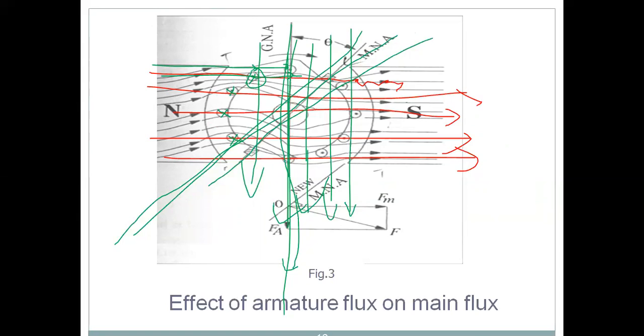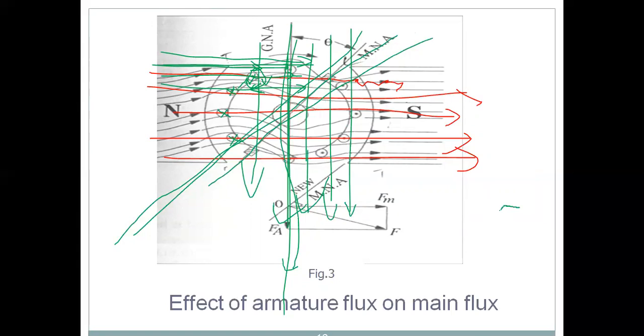This side is this type of direction. Why? Because I already told this is upward direction, this is downward direction. When it is upward, I will get the flux lines like this. You can see here the main magnetic field flux lines, and what is happening.